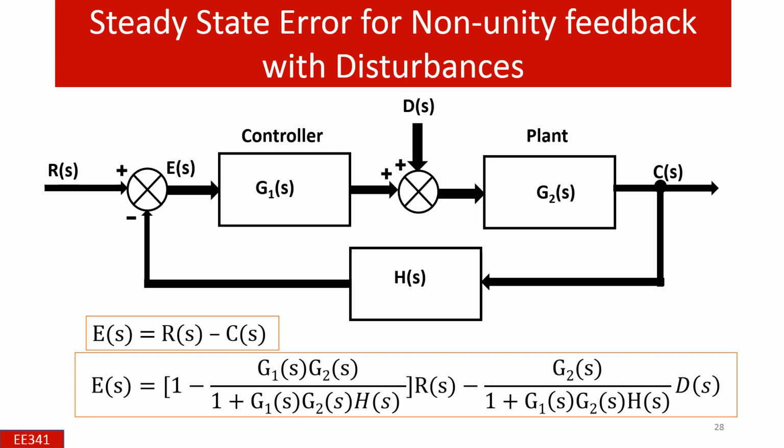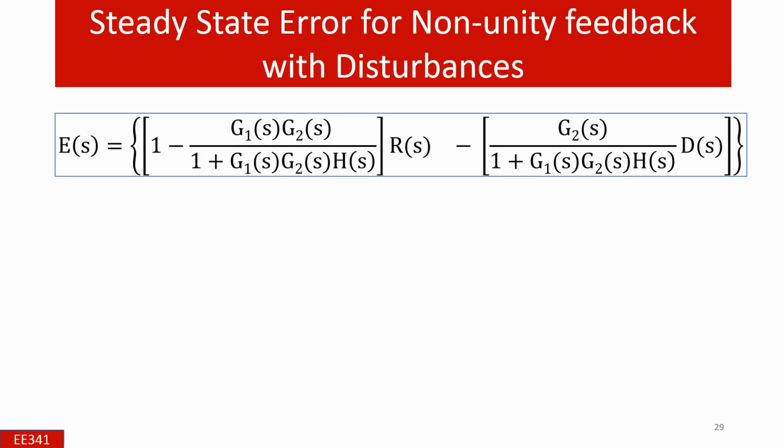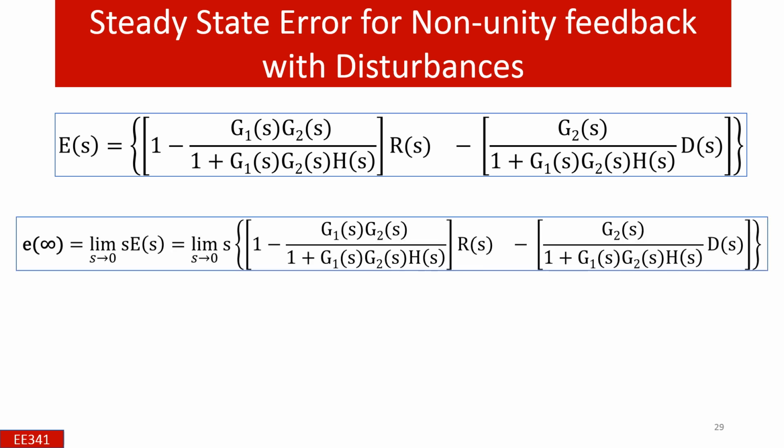After applying the final value theorem we can find the steady state error. I'm just going through these relations in a quick way; you can derive them by yourself.